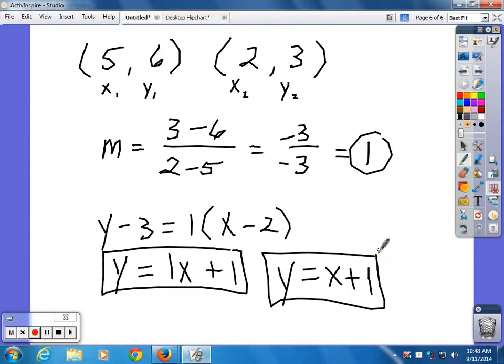Wait, we use that to solve the equation as a whole? You got to get y by itself. That means you have to take -3 to the other side. For a sec, I think I got confused the first time, thinking that y and x were y2 and x2. Yeah.